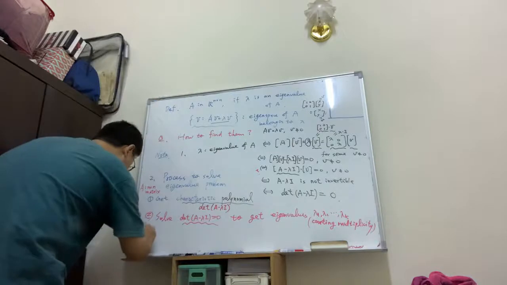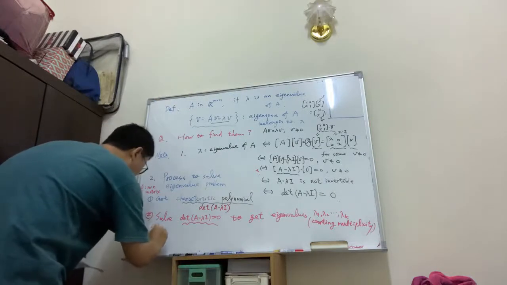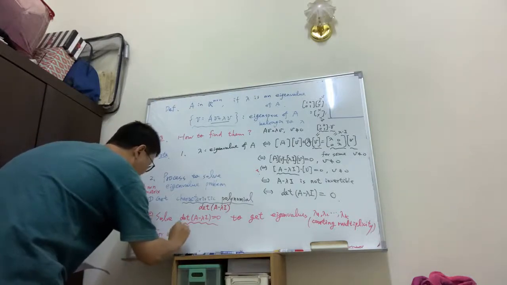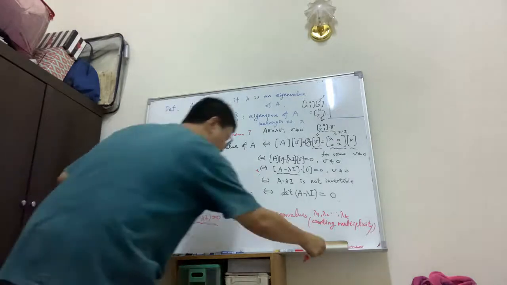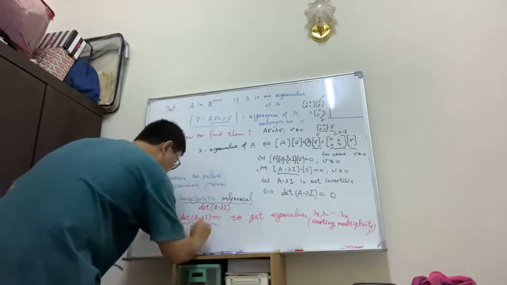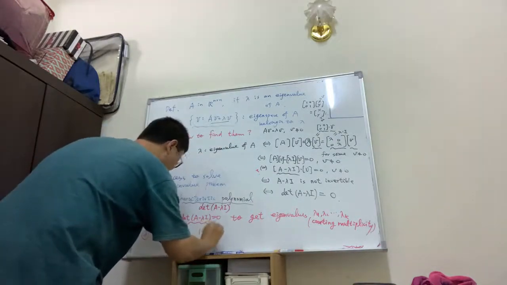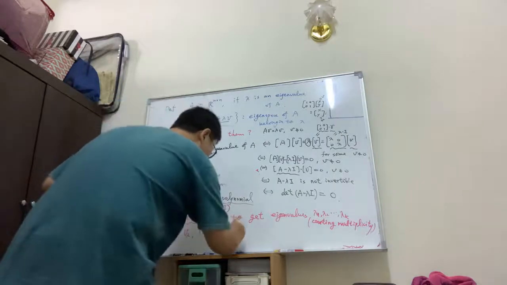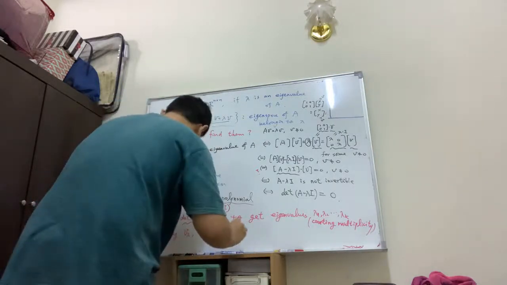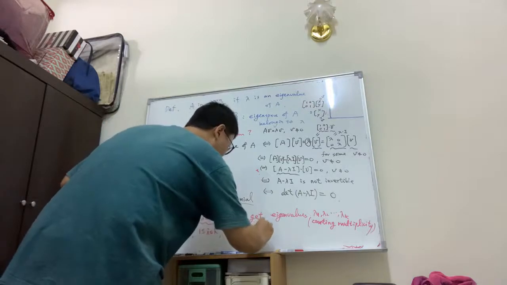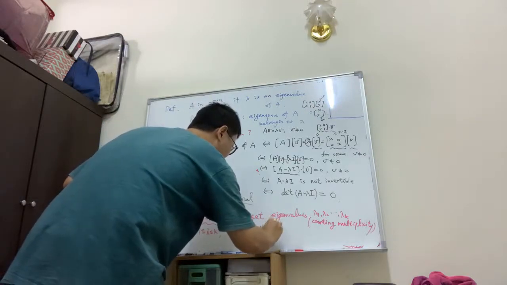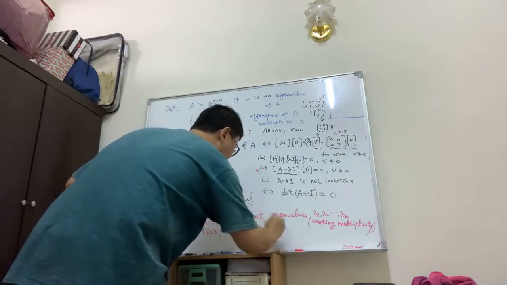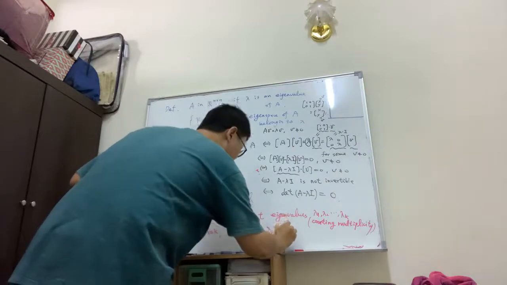The final step: for each eigenvalue lambda i, where i goes from 1 to k, we want to solve (A subtract lambda i I) x equals 0.